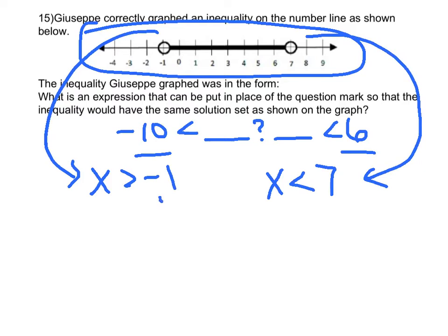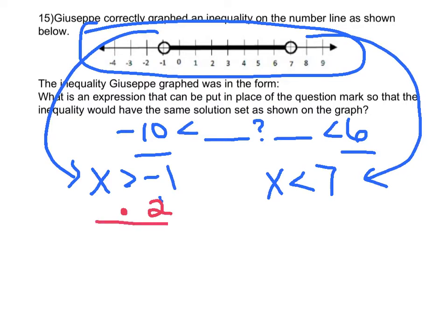And what do I need to do to 7 to get 6? So a lot of this is probably going to be some guess and check for you, but basically I would take and tackle one at a time. So what do I need to do to -1 in order to get -10? Well, my first suggestion is let's take a look and let's multiply by 2.